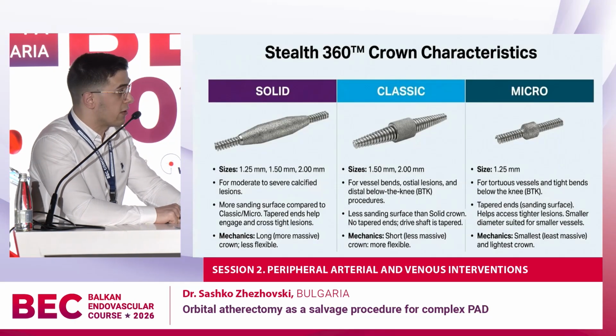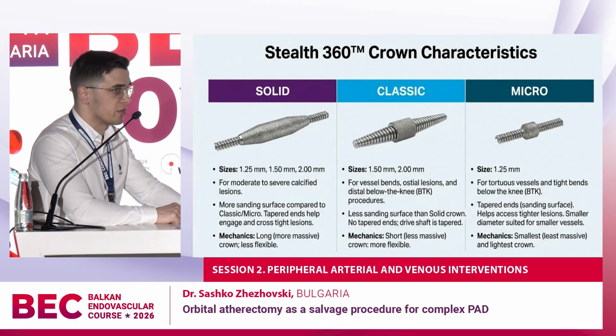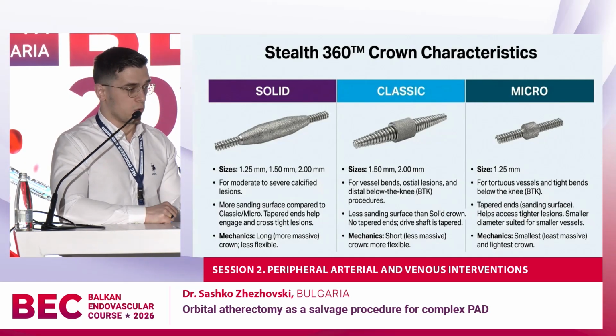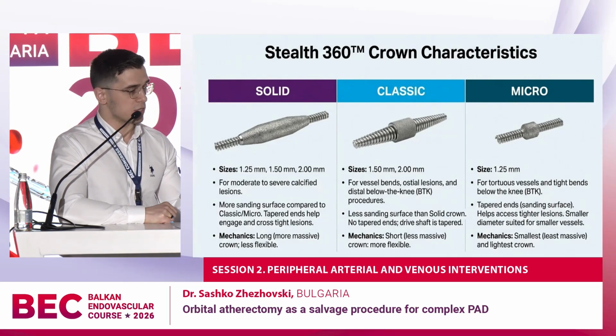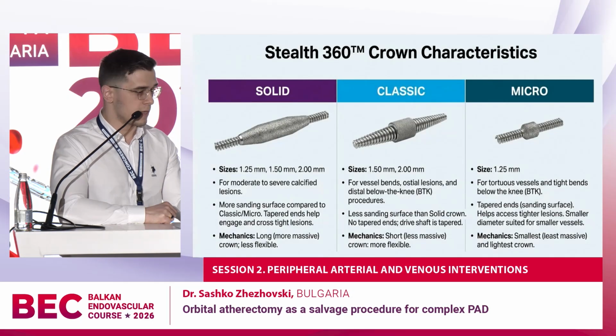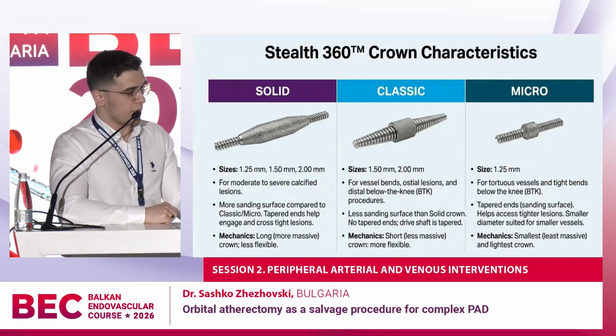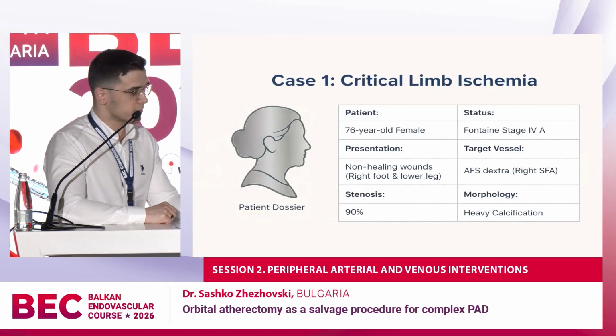There are several crowns available for peripheral orbital atherectomy, and which one we use is an exceptionally clinical decision based on the vessel morphology, vessel diameter, as well as whether we want to go below the knee or we want to target mainly bigger vessels.